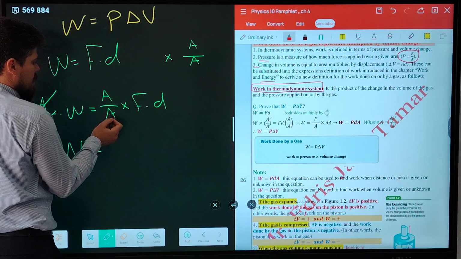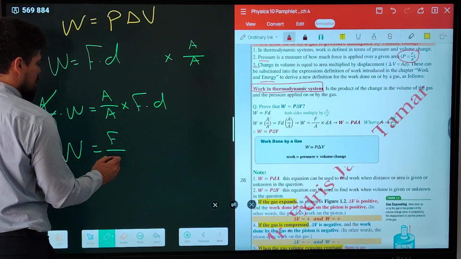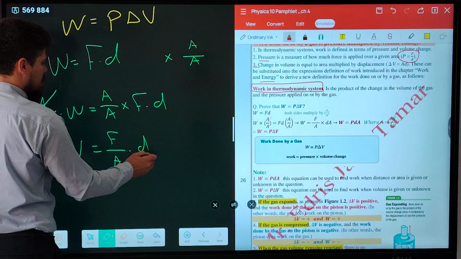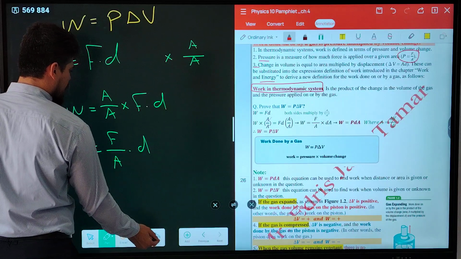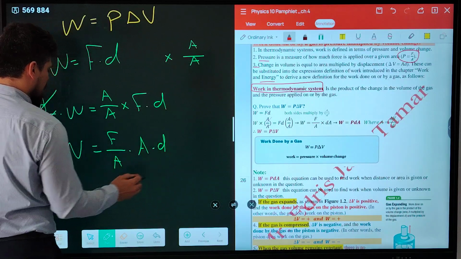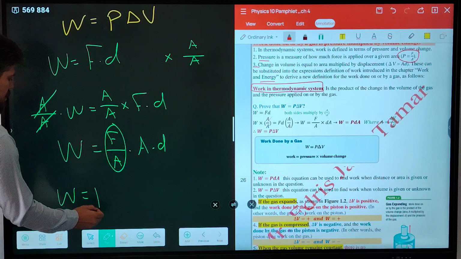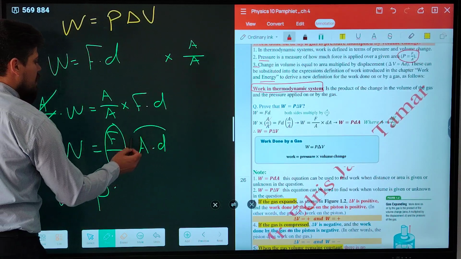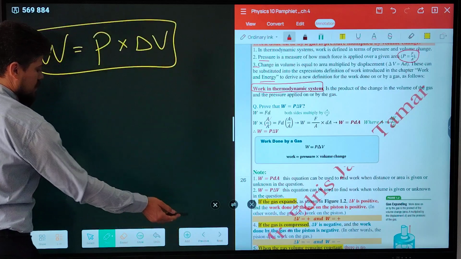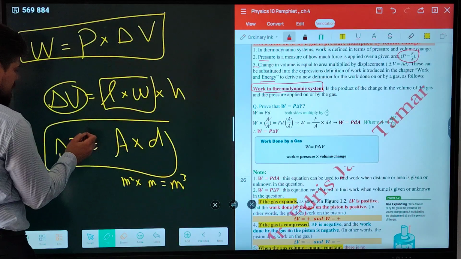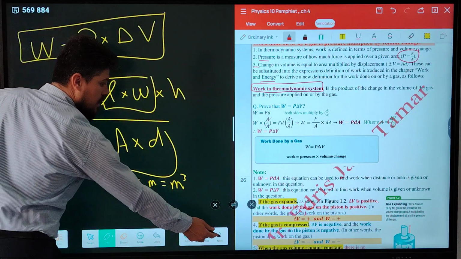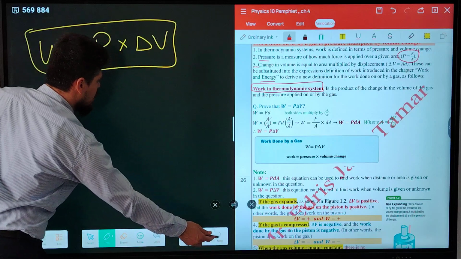And so you have to analyze these two areas. One of them goes to the denominator of the force, and the other is located with D. Force divided by area is equal to pressure. A times D is equal to change in volume.